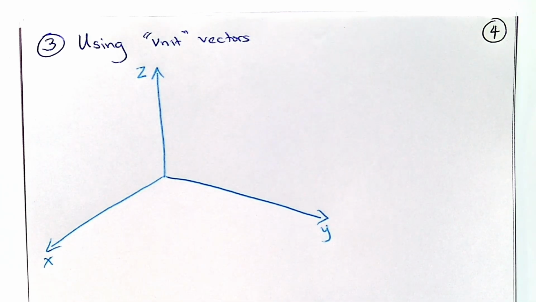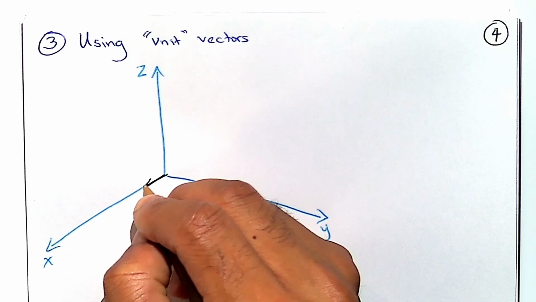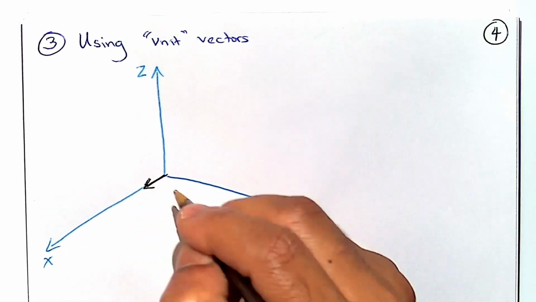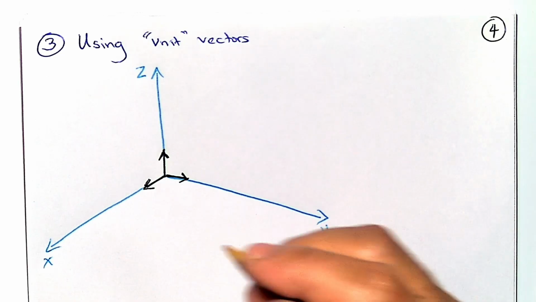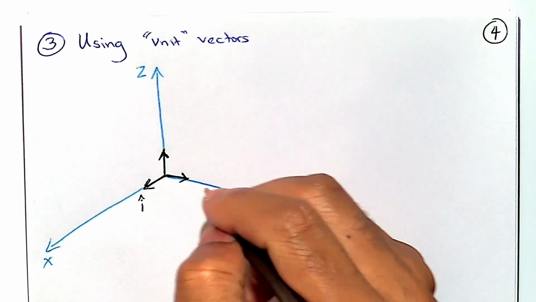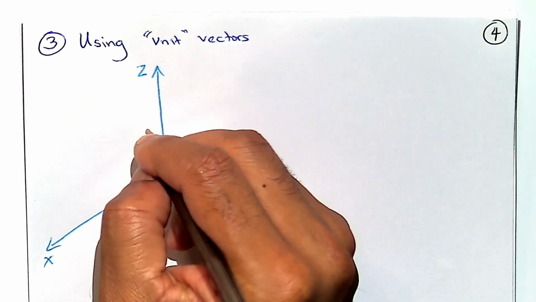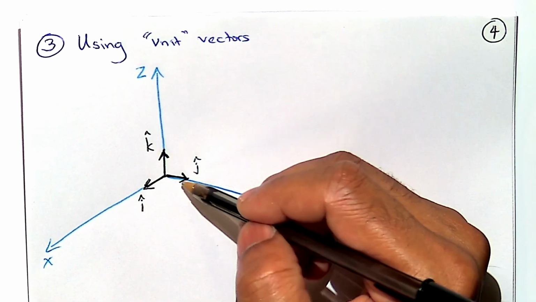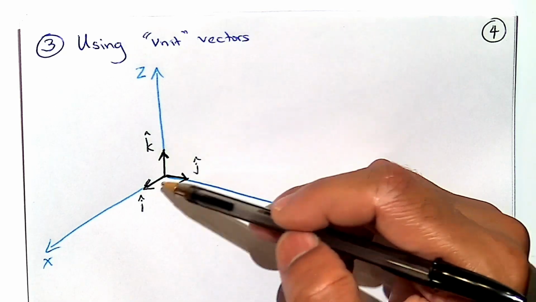What you've probably not seen are the unit vectors that you can connect to each of these axes. Along each of these axes, we're going to draw vectors. I'm going to call them i hat for the one that goes along x, j hat for the one that goes along y, and then k hat for the one that goes along z. The reason why they're called unit vectors is because they are a length of 1.